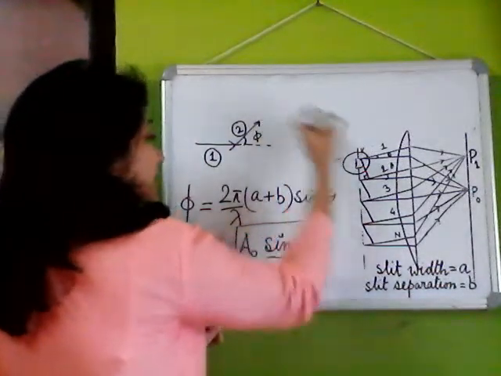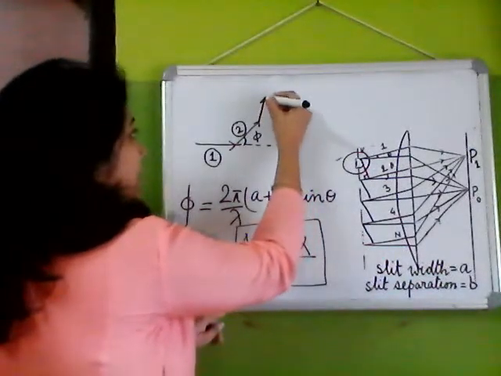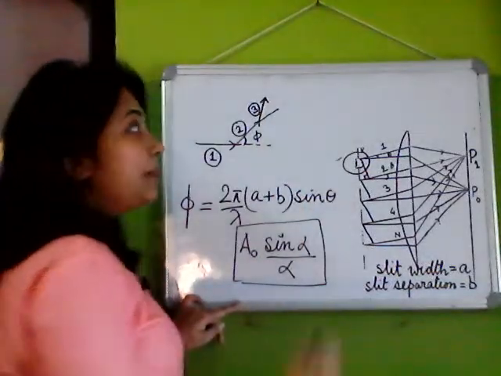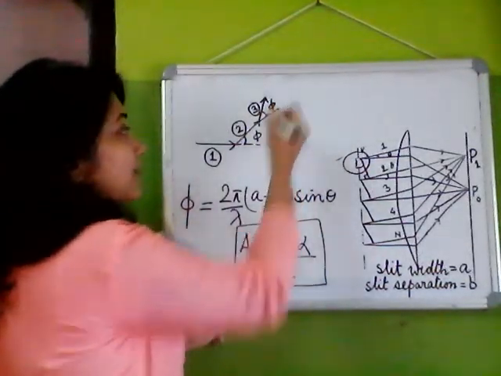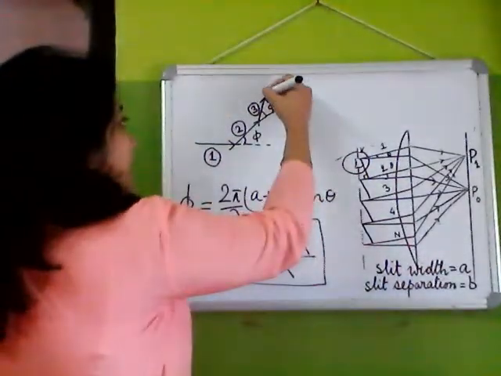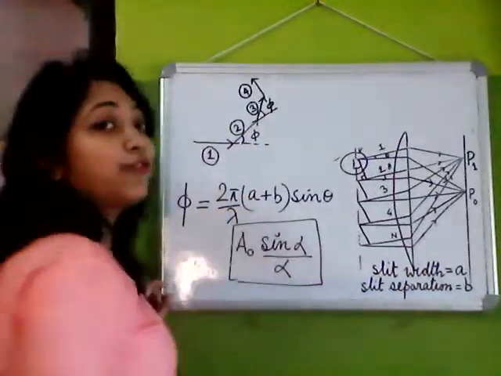Now, since we are working with n number of slits, there is another vector, the source number 3. But then what is the phase difference between 2 and 3? Once again phi. Now there is another source, number 4.